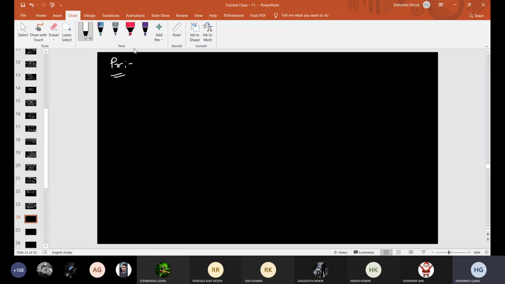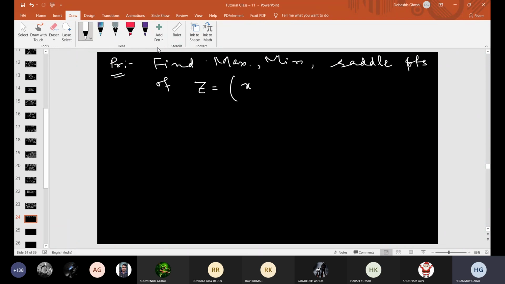Find the maximum, minimum, and saddle point of z equals e to the power minus (x square plus y square) by 2.